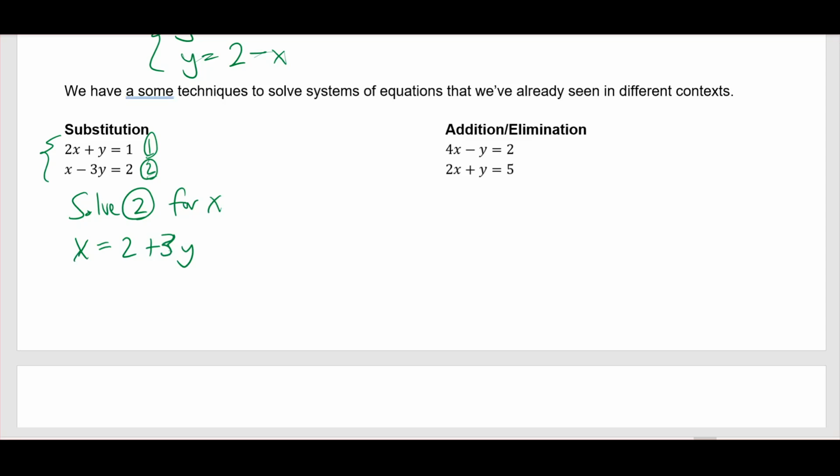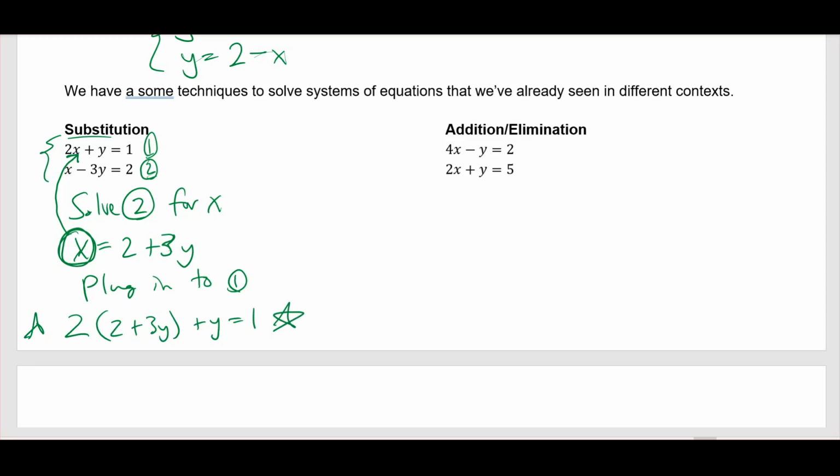And now I know that this x right here has to be the same as that x right there. So I can plug this in or substitute, right? Substitute into equation 1. So I've got 2 times that x value. And now, hey, I've got an equation here that has a single variable, and we can go solve for it.